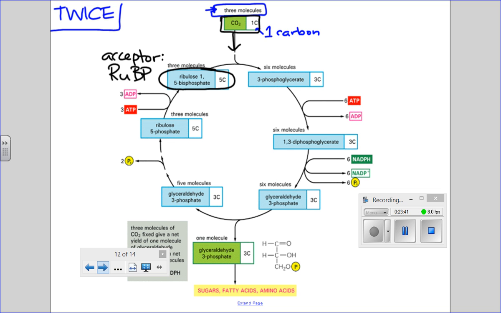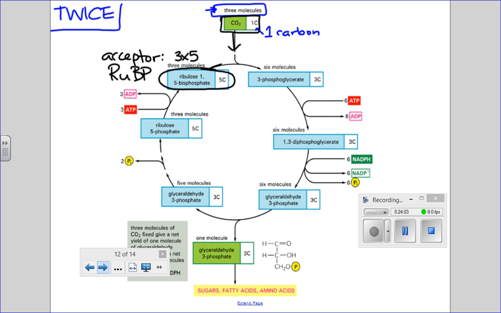If you notice, it says there are 3 molecules. Each molecule has 5 carbons. So that means I had 15 carbons hanging out. 3 more carbons came in. If I add 15 plus 3, that makes 18 carbons.